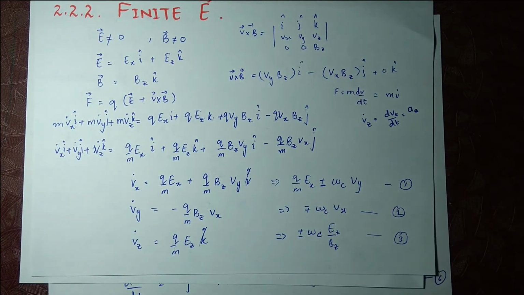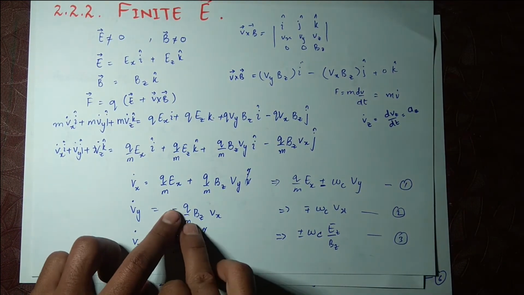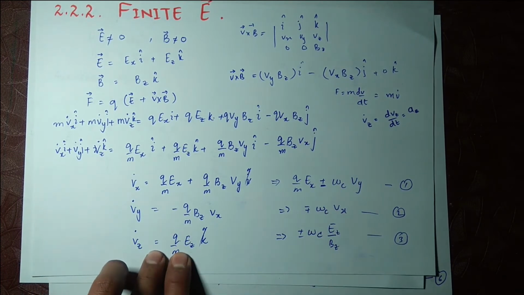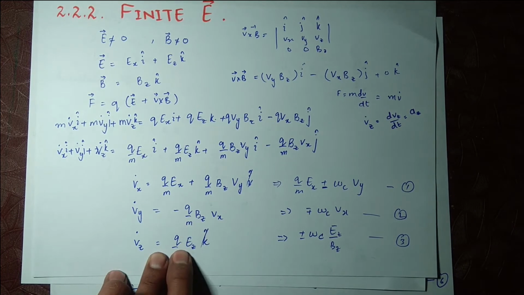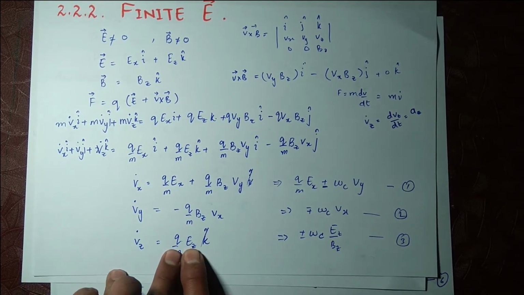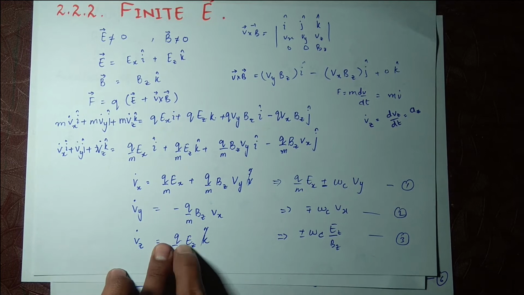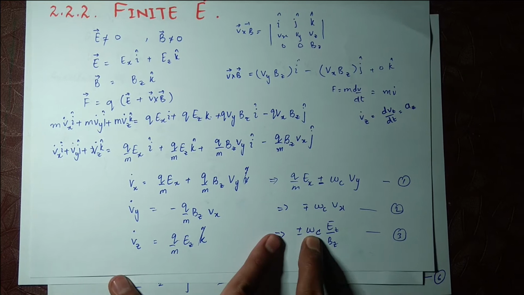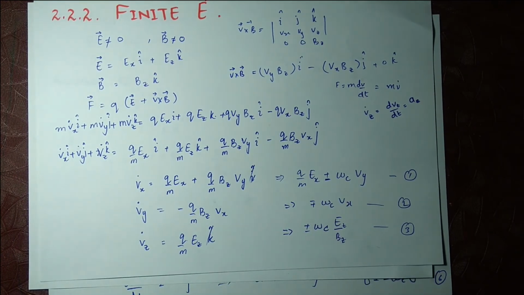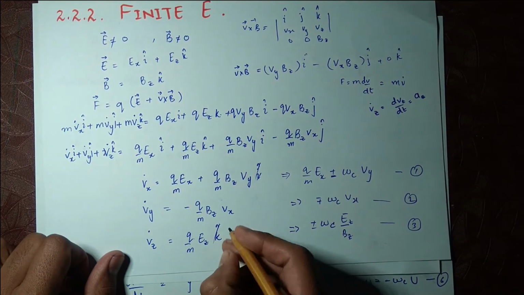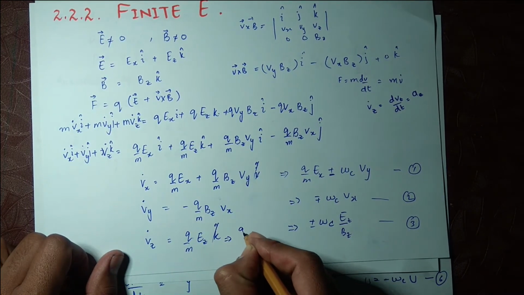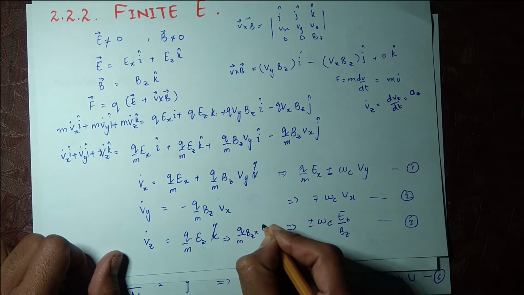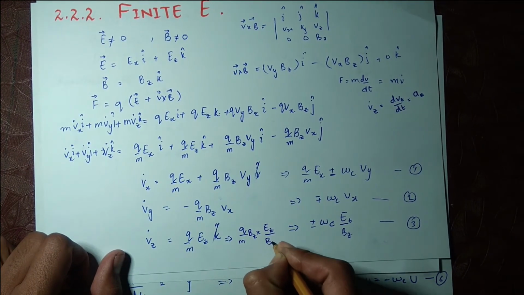Moving on, writing this as omega c, it will be minus omega c times v of x. And this one also, when we multiply by B of z and divide by B of z, q over m B of z will be equal to minus omega c, and dividing by B of z gives E z over B of z.